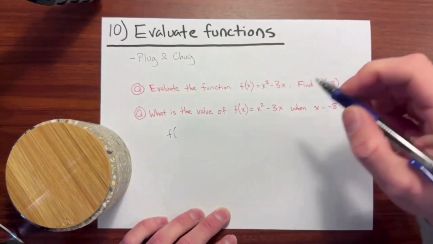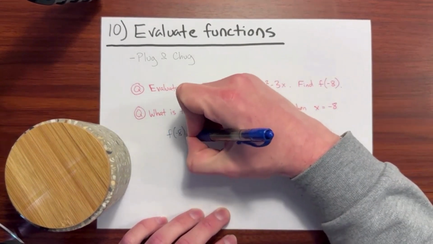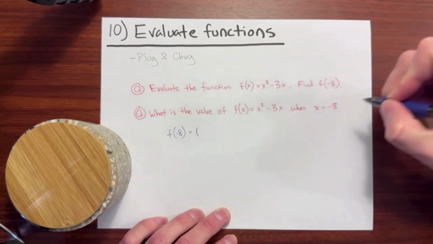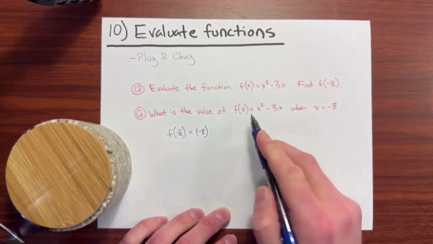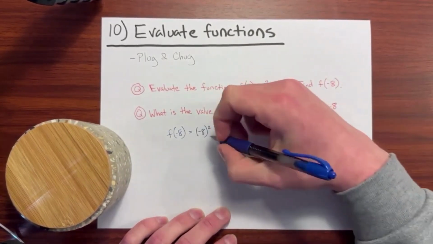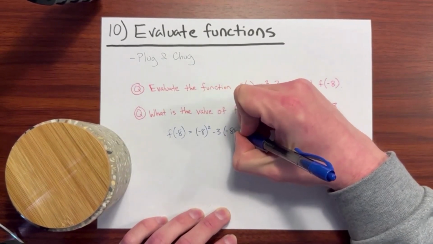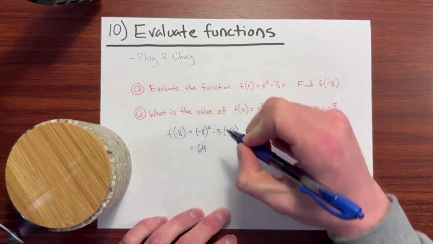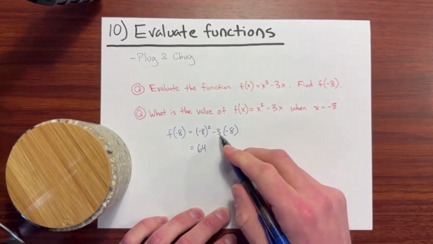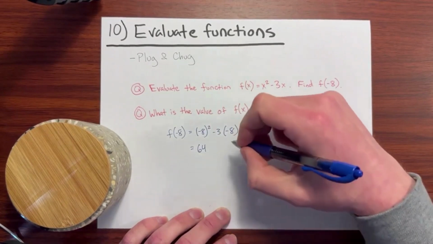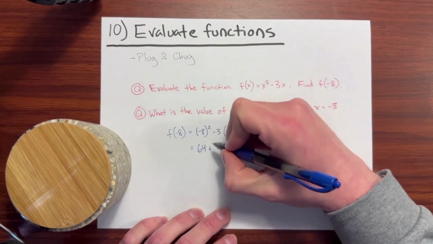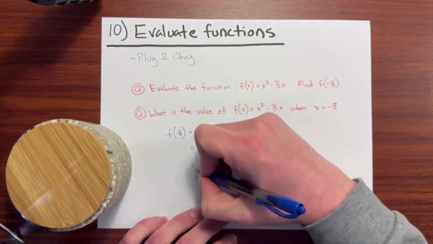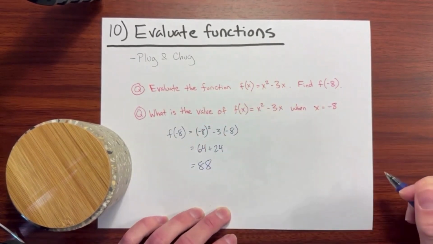So we'll write f of -8 equals (-8) squared minus 3 times -8. Well, (-8) squared is 64. 3 times -8 is -24. And we have that subtracted, so it'll be plus 24. The answer is 88. Simple as that.